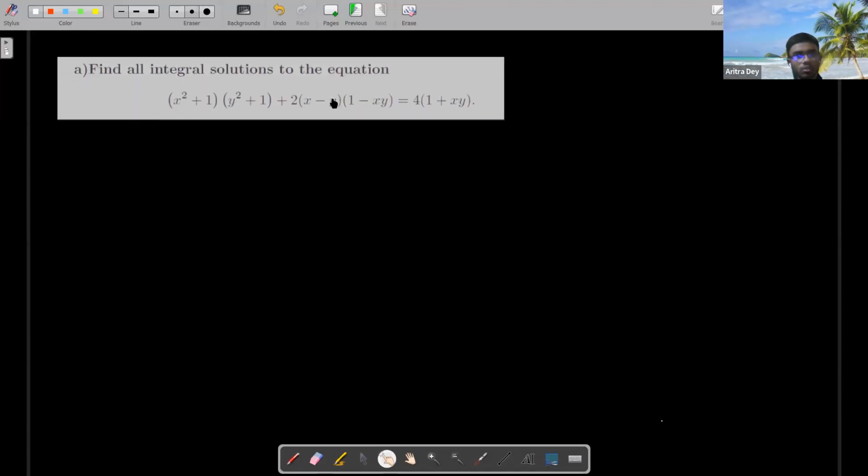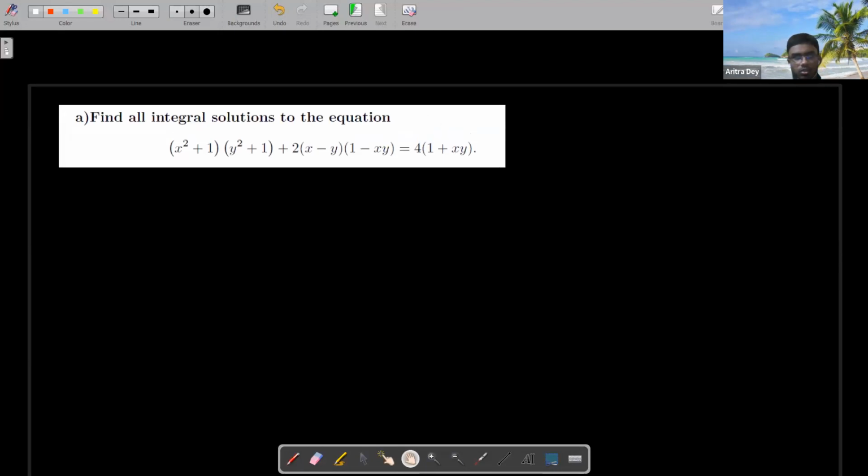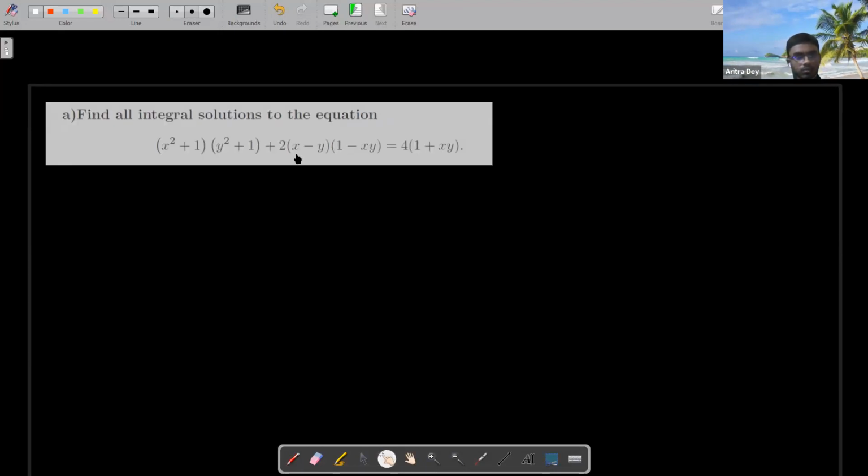No need to learn those Cardano methods or anything, because those are just a waste of time. So this is the first problem. How to factorize biquadratic and cubic equations that can't be factorized in that way? Especially it's really difficult if you don't know the root of the cubic.